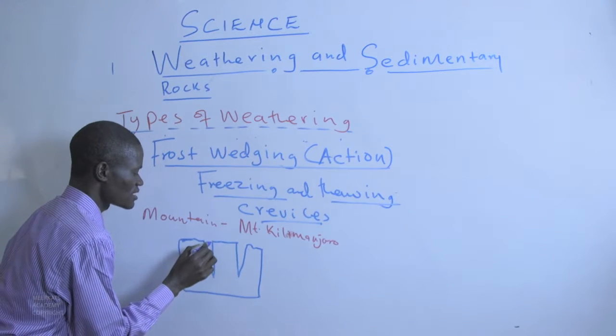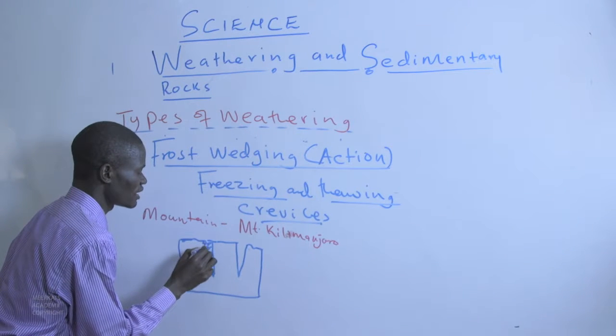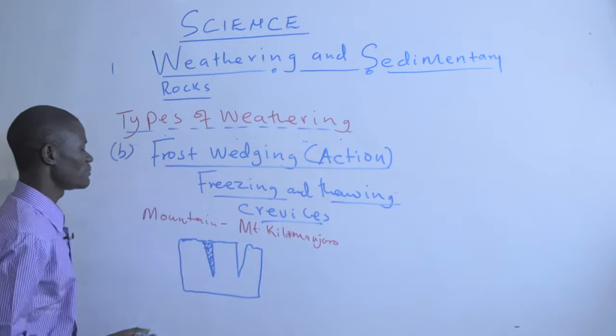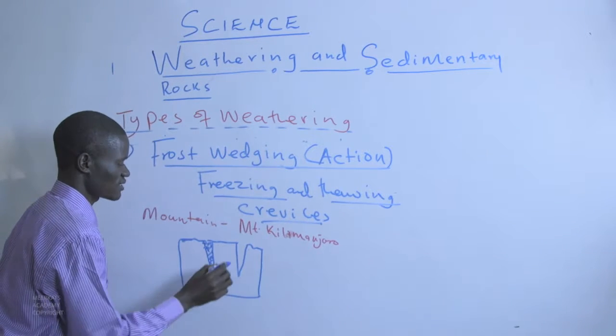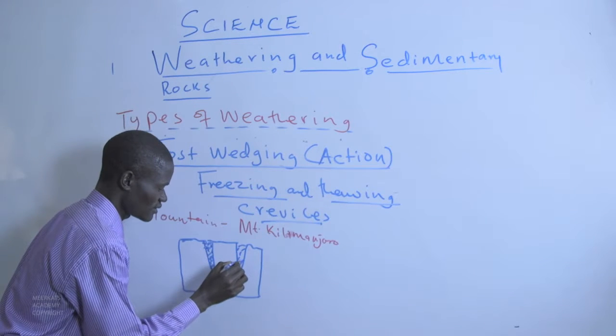This one represents a crevice, and therefore during the rain season, the water may be collected in the crevice, and then it freezes.